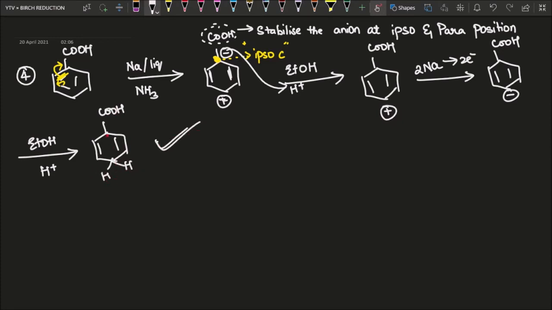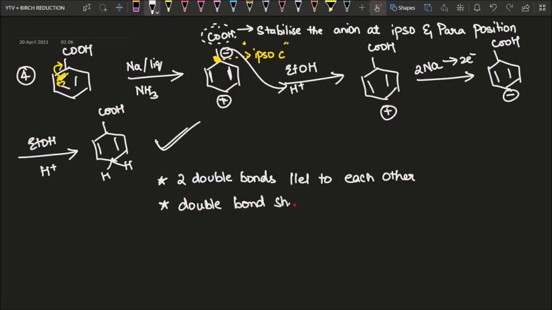Now here also, if you check, out of the 3 double bonds we are now left with only 2 double bonds, parallel to each other. And one more thing, the double bonds are not present on the carbon which contains the electron withdrawing group.